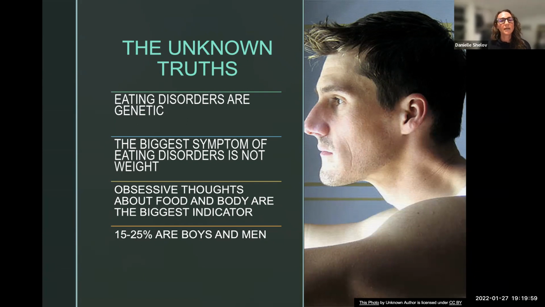For any diagnostic, that's what we're curious about, much more than about weight. And also 15 to 25% of people diagnosed with eating disorders are boys and men. And by the way, they usually have the highest number of undiagnosed because people assume that it is not happening for boys and men. So I have a sense that that number is far higher.